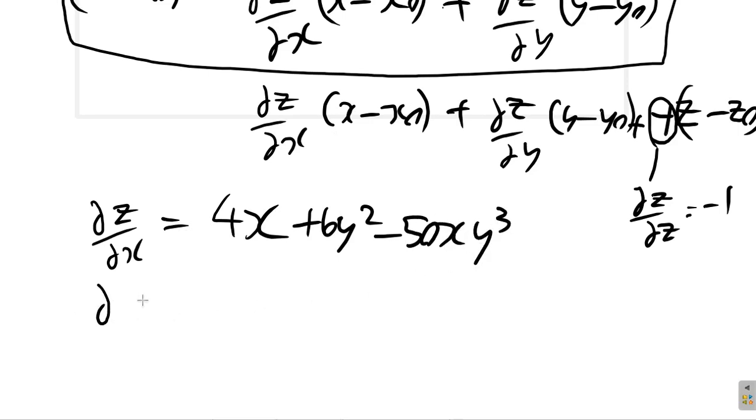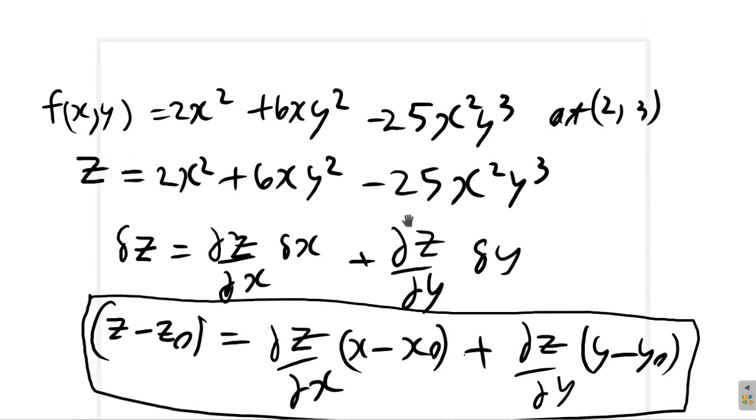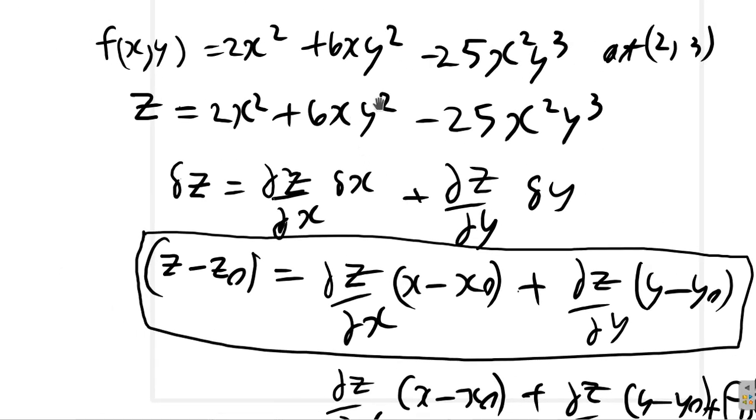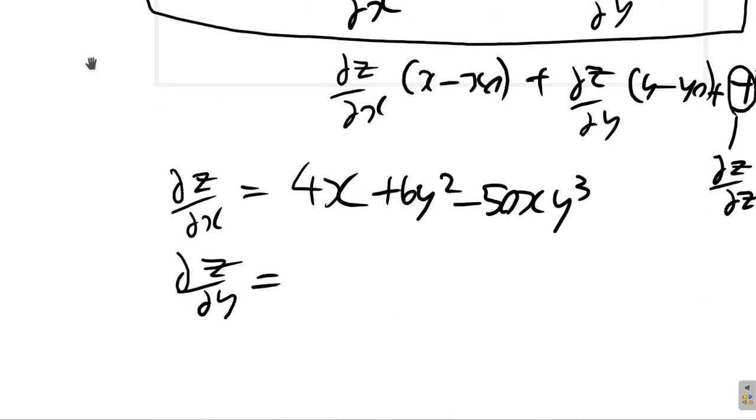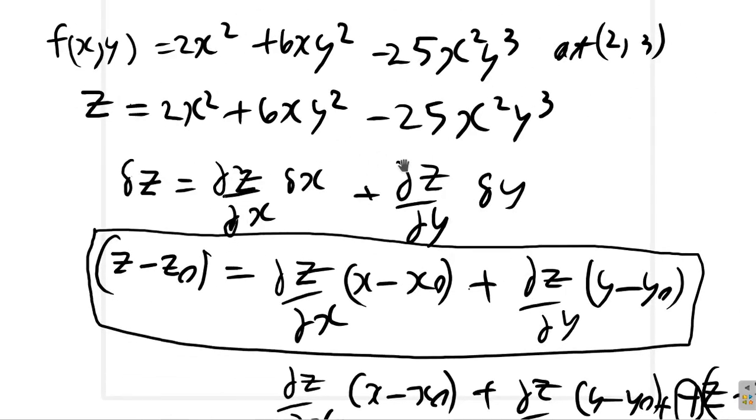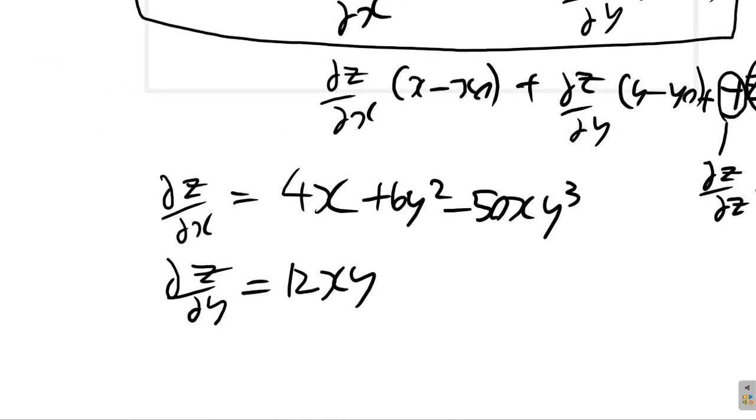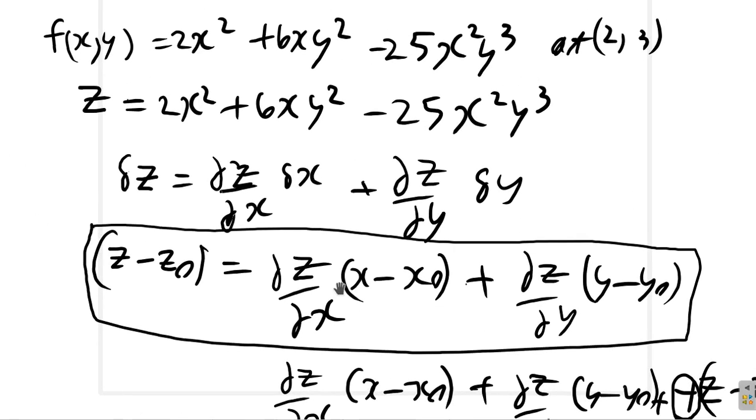Okay, and delta z by delta y is equal to 2, 6, 12, so that's 12xy. Then 25, 3, that's 75, x squared y squared. So that's minus 75x squared y squared.